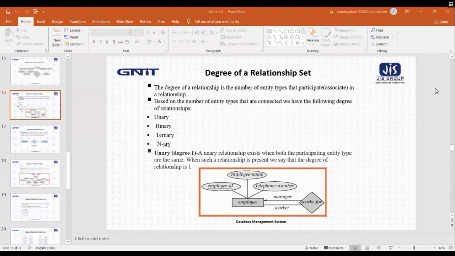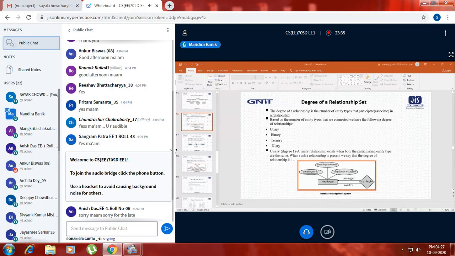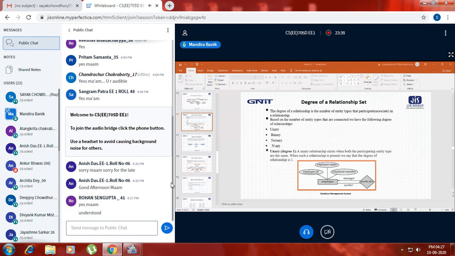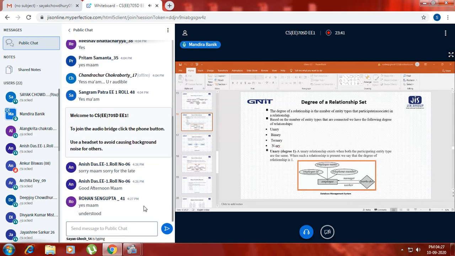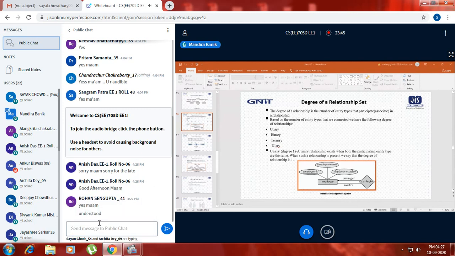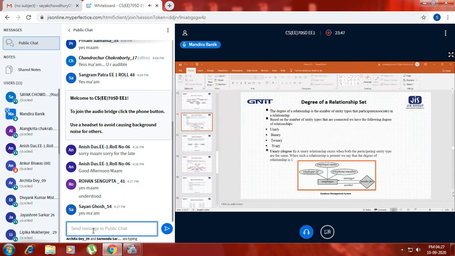Now tell me, up to this is there any problem? Have all of you understood this degree of relationship and cardinality ratio clearly? I have shown you the PDF as well as the PPTs, where I showed how to represent the different cardinality ratios through diagrams.